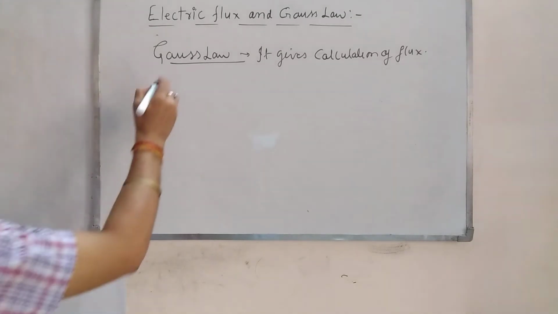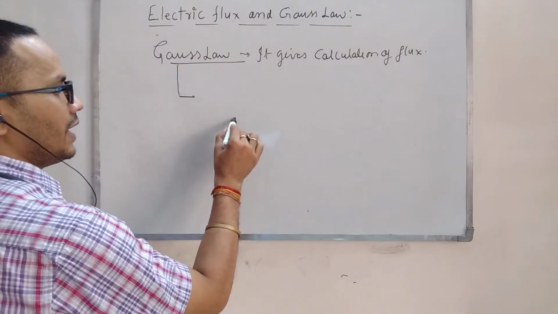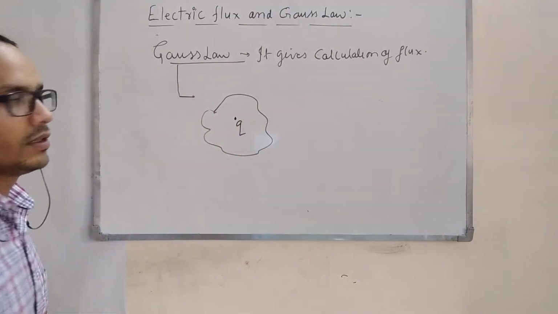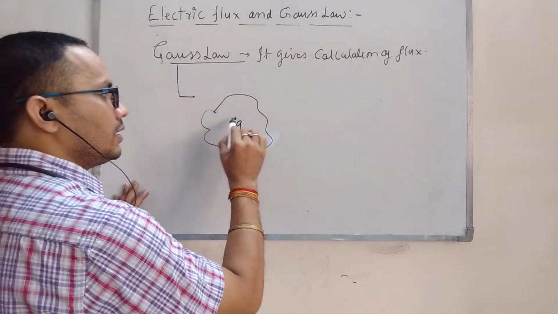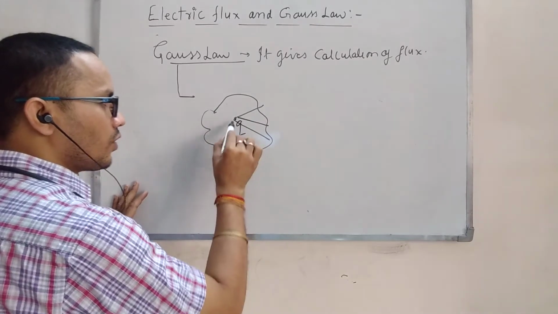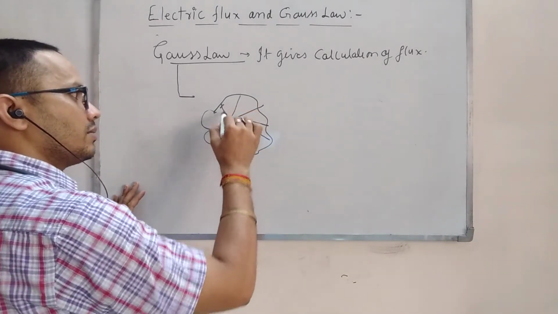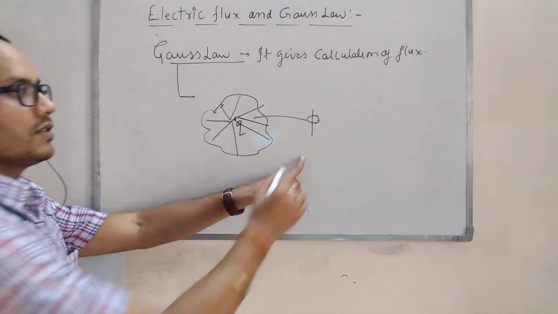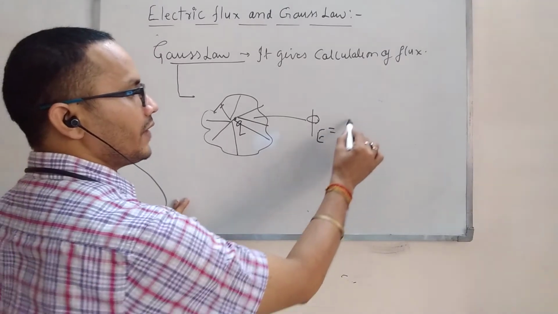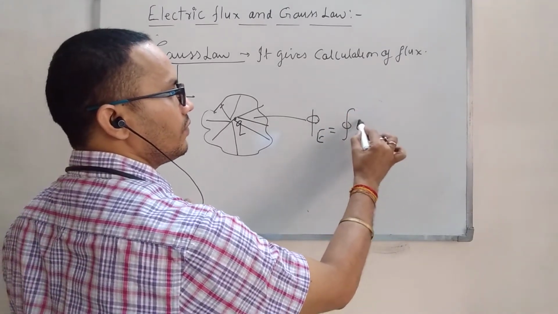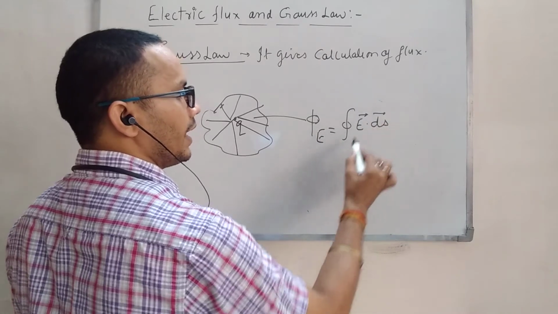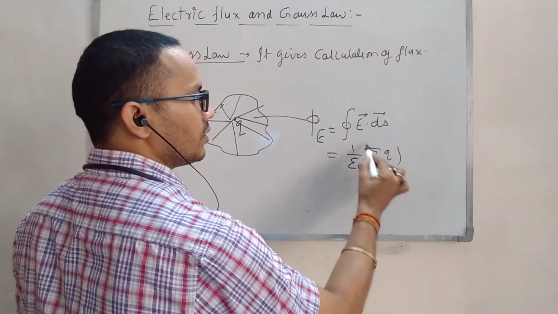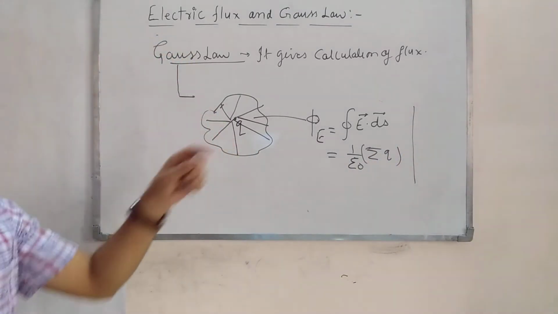Okay, according to this law, if I say we have a charge Q here and this charge is enclosed by any surface, okay, then number of electric lines of forces from this surface, listen, इस direction में देखिए, the number of electric lines of forces, it means phi, which is denoted the flux, phi E, electrostatic flux, is given by surface integral of E dot ds, and which is equal to 1 by epsilon naught times of sigma q. This is the Gauss law.